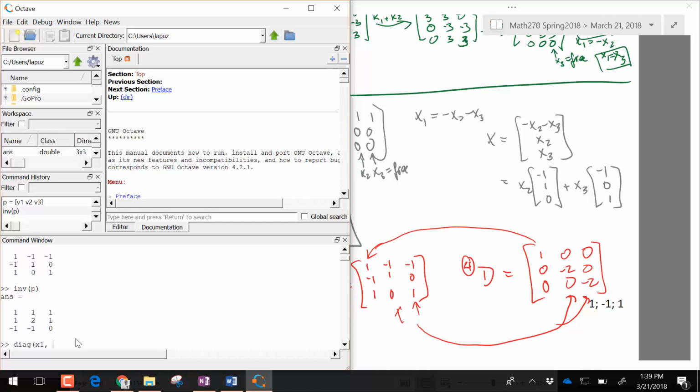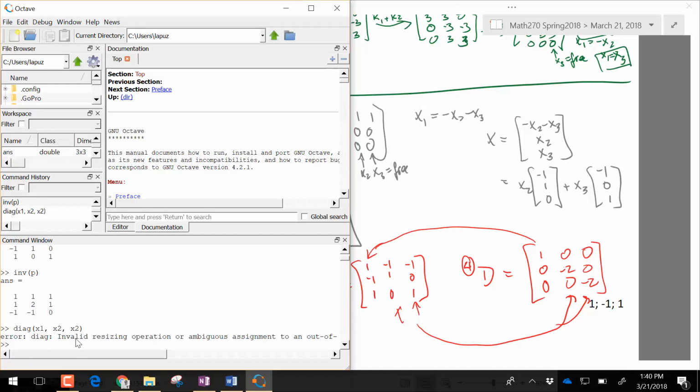Let's see if this will come up to be my diagonal matrix. Nope. Okay, I don't know how to do a diagonal matrix.